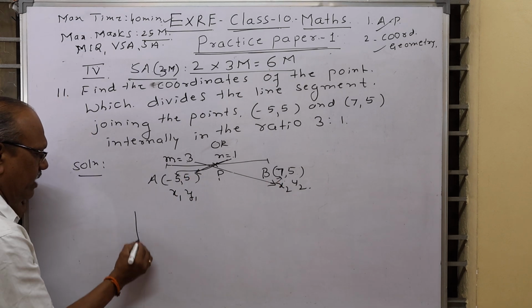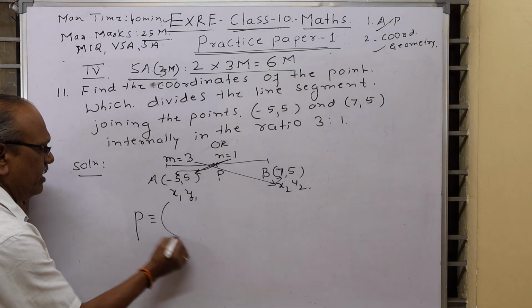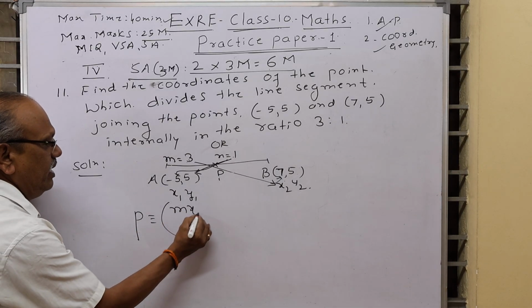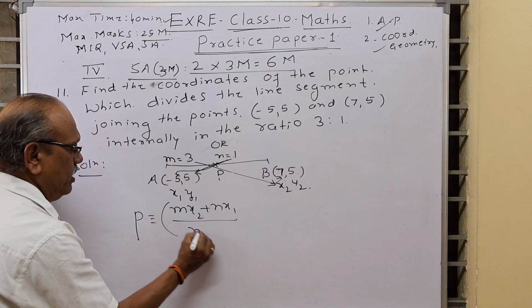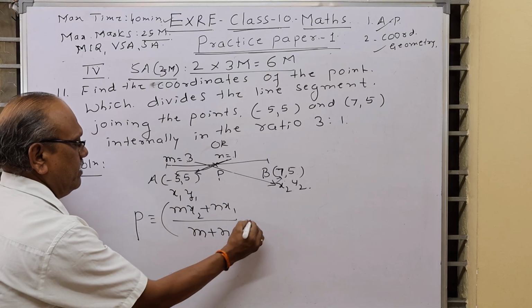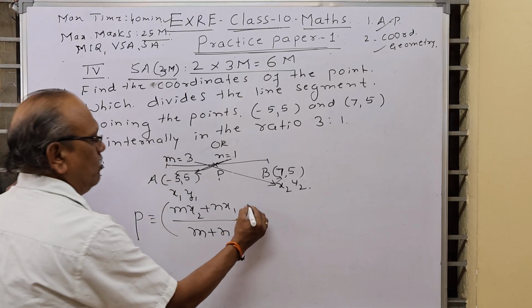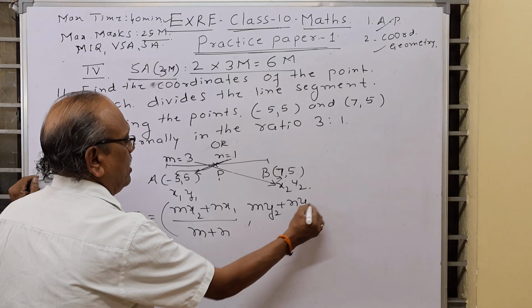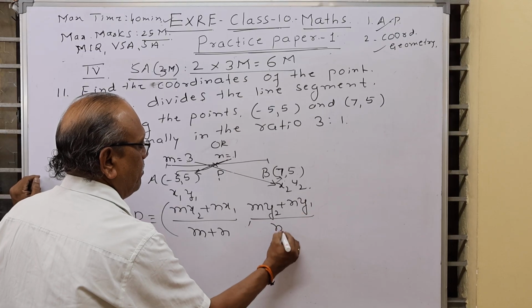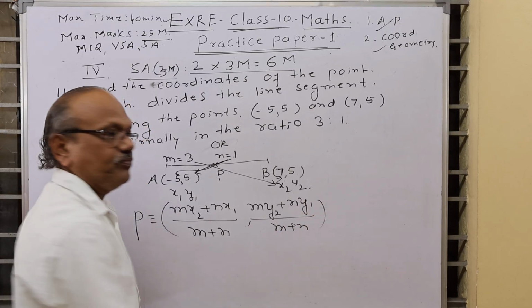That is the x coordinate. The formula is (m x2 plus n x1) upon (m plus n), comma, the y coordinate is (m y2 plus n y1) upon (m plus n).